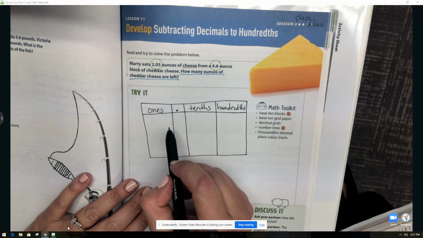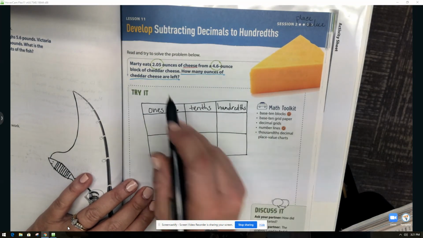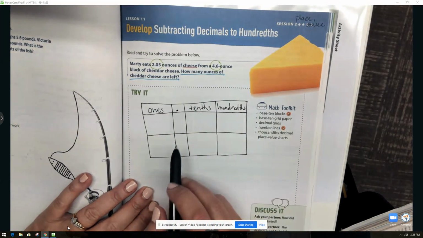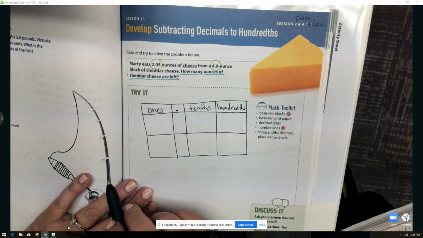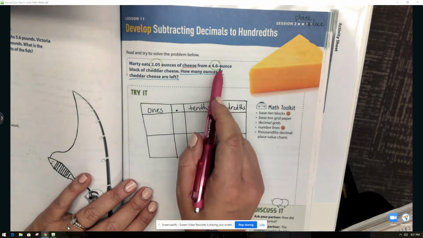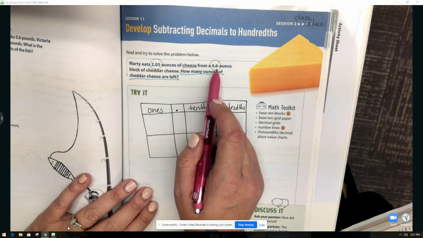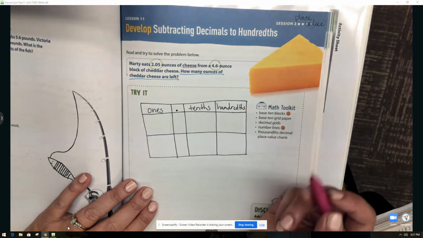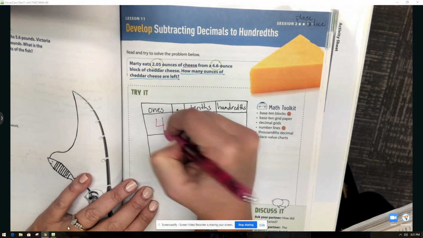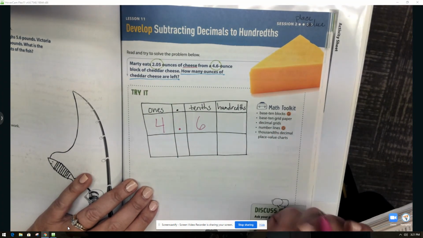So I'm going to go ahead and draw a line down the middle because I have two values. Since I'm trying to figure out how much Marty has left, I need to start with the larger valued number, how much cheese he started with in the first place, which is 4 6/10 of an ounce.